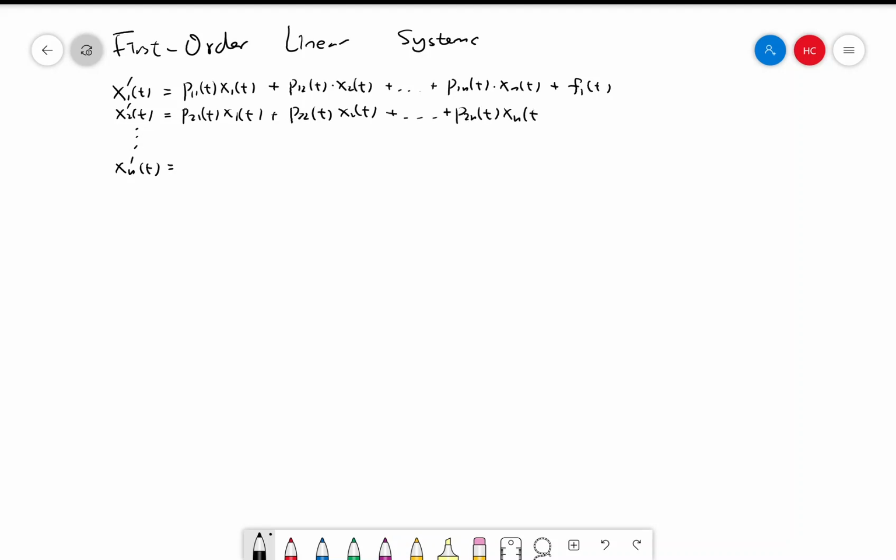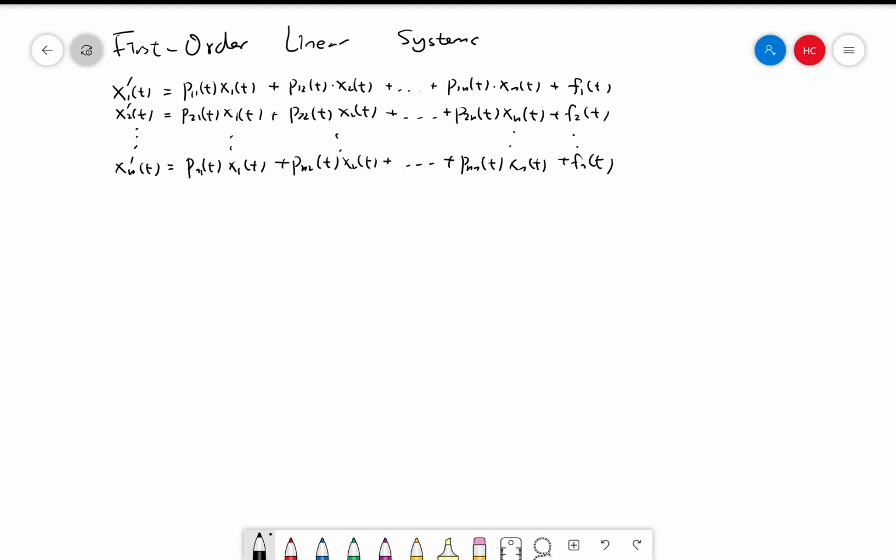A bunch of dots here, then pn1 x1, pn2 x2, plus all the way to pnn xn, plus fn of t. Okay, but we know how to efficiently write a system of linear equations in terms of matrices and vectors.